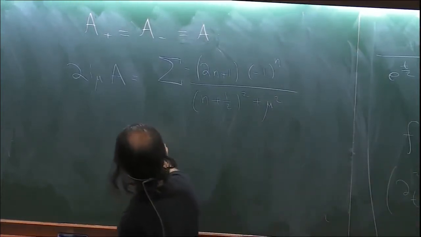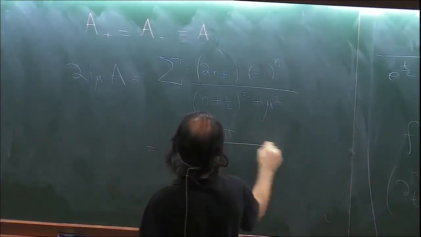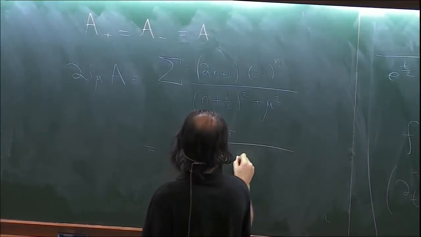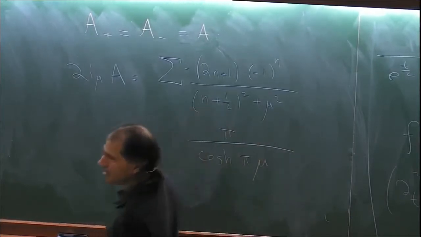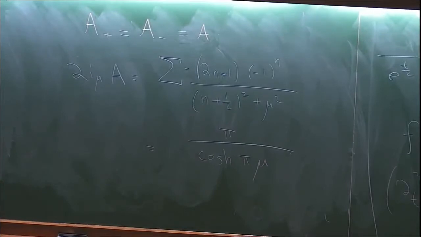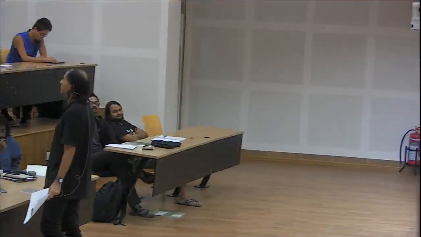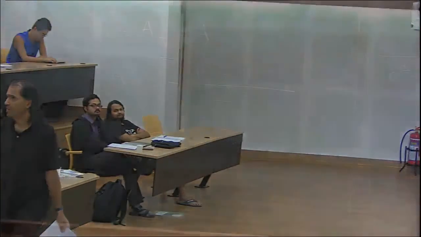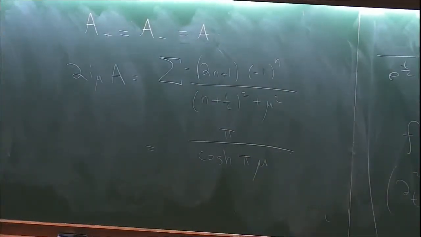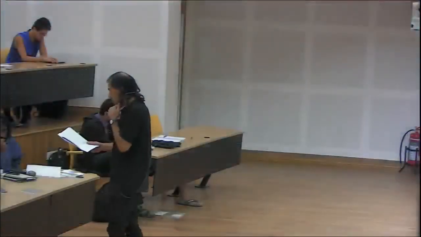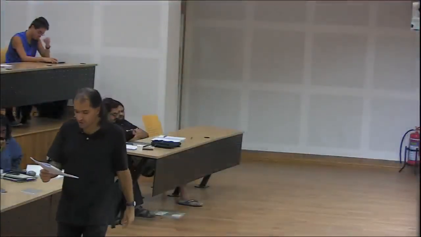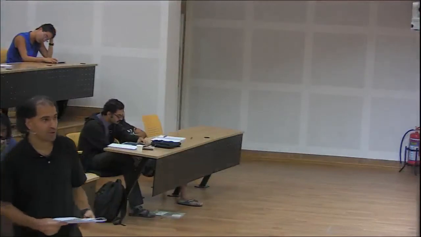And I hope you all recognize this as pi over cosh pi mu. Okay? To recognize them as the same thing, thought of as a function of mu, you just have to notice that they have exactly the same poles and residues at the poles. The poles are when mu is plus or minus a half integer, and you can just work out that the residues are exactly the same.